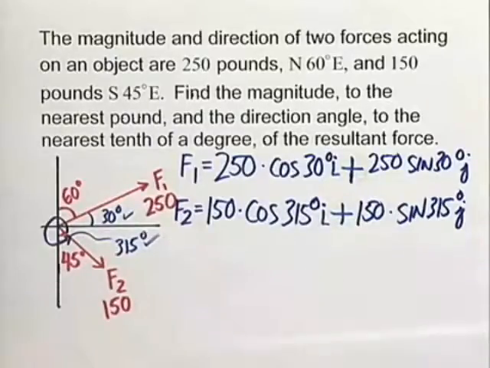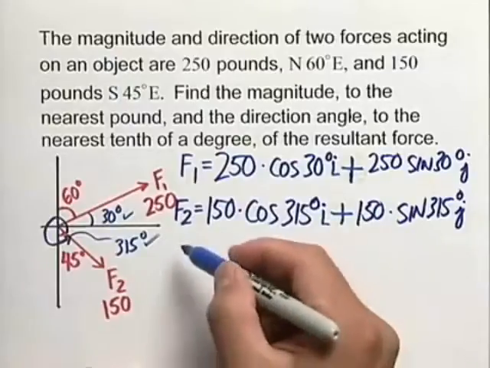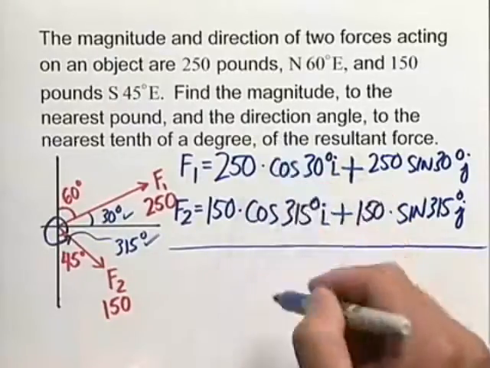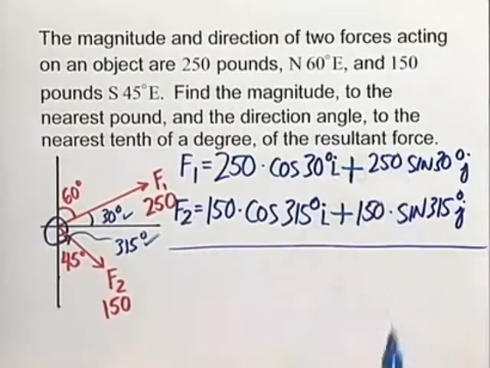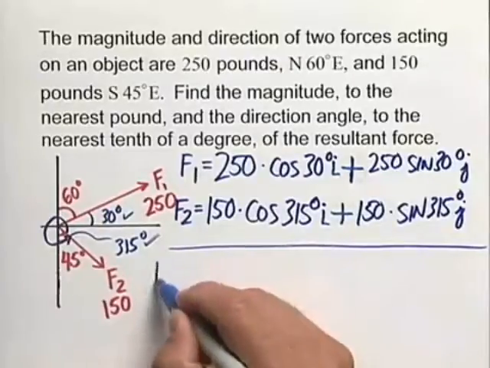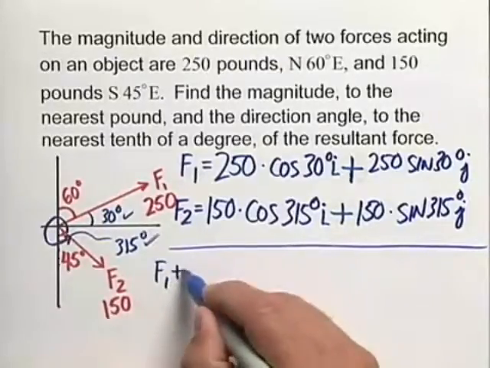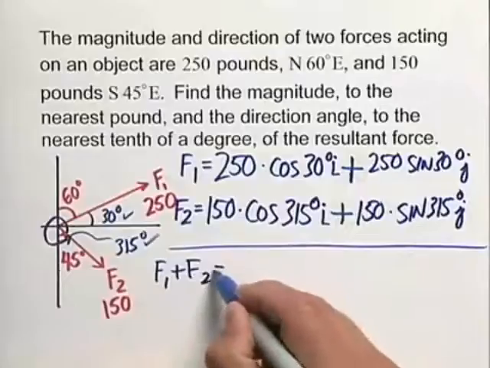Now you can plug this into your calculator, but in essence, we're going to add the i components and add the j components, and that will give us the resultant vector F1 plus F2.